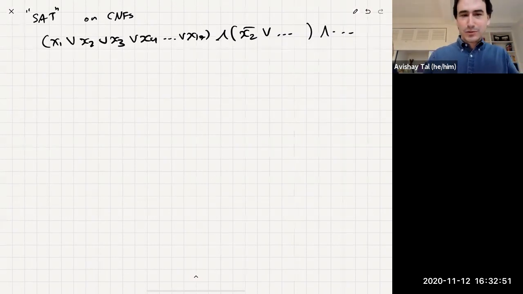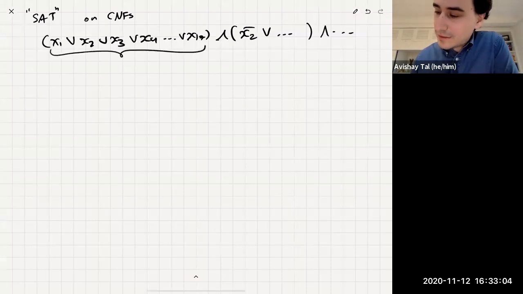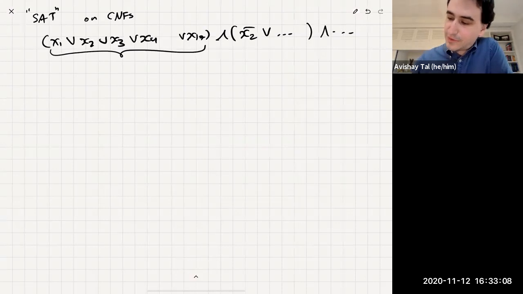So in some sense, you want to take a clause and convert it into some kind of an AND of smaller clauses, right? So that's what you would like to do. So let's look at this clause. Let's say there are 5 variables here.